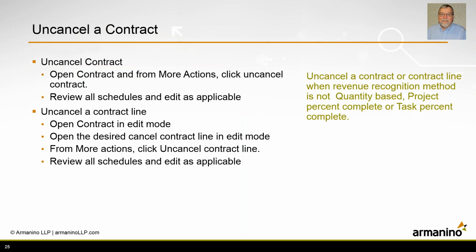The requirement is that the revenue recognition method cannot be quantity-based, project percent complete, or task percentage complete based. You open the contract, use the More Actions button, and click on uncancel the contract, and then you need to review all the schedules and edit as applicable. You also have the ability to do it on a contract line.